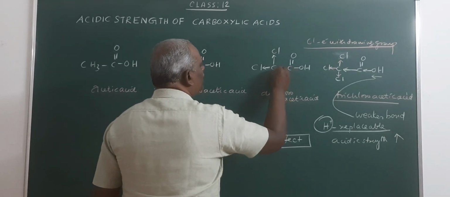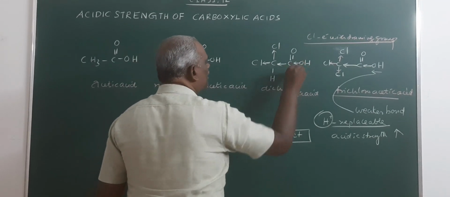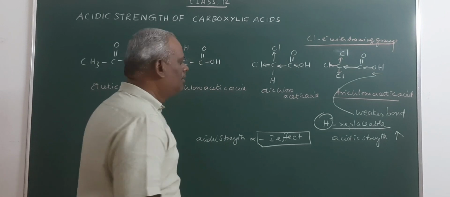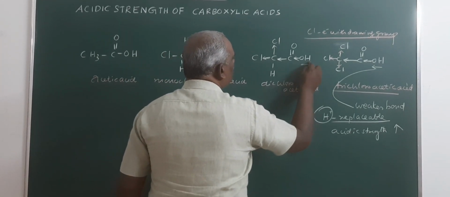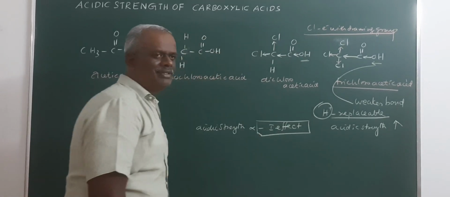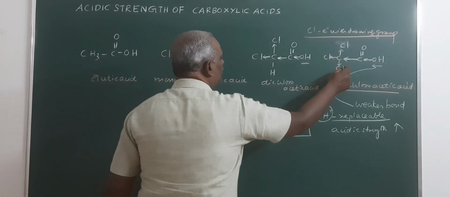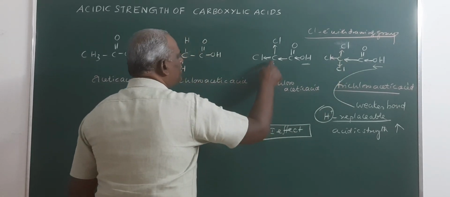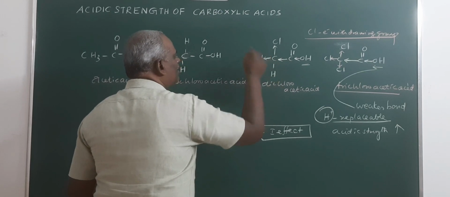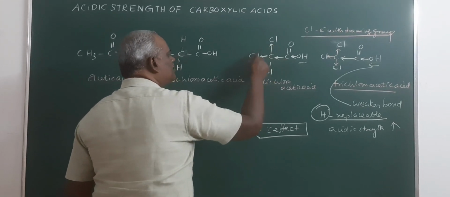The carbon gets electron from the nearby carbon. This carbon is getting electron from this. As a result of that, the strength of bonding between oxygen and hydrogen decreases. But on comparing these two, trichloroacetic acid has the maximum electron deficiency, but this one has lesser electron deficiency due to the presence of only 2 electron withdrawing groups.